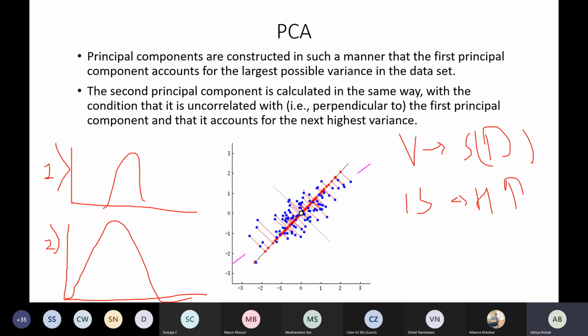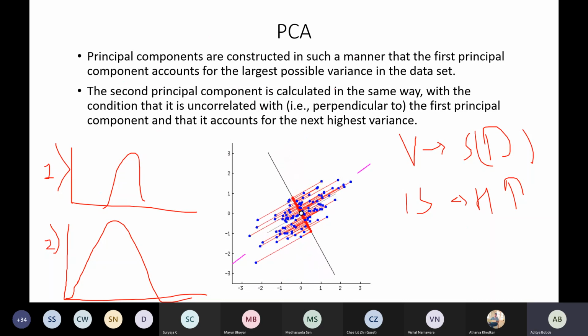Should low variance be more or less? Low variance is good. Okay, great.